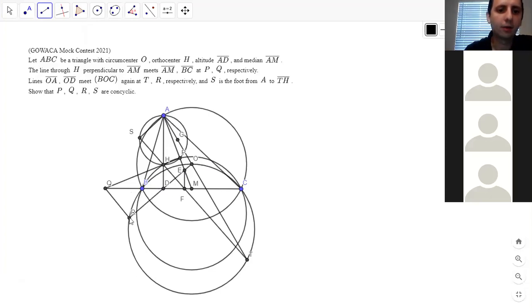And QPER is cyclic. So yes, okay, so those 5 points are cyclic. So how do you know EF is parallel to AB? I couldn't prove it. Okay, but if we can prove it, then that would work. And then once we know that, QPEF and R would be cyclic.